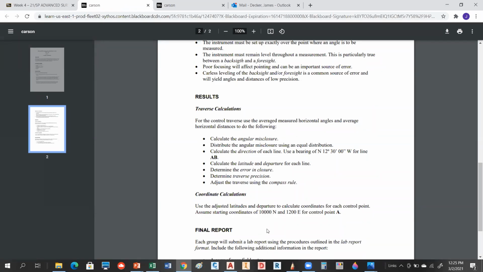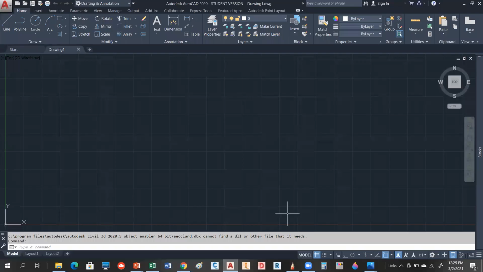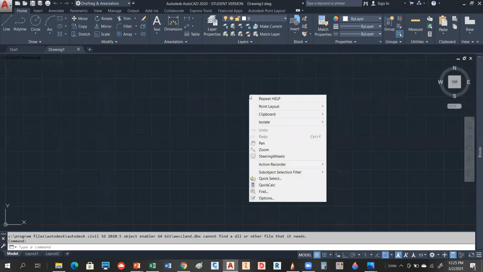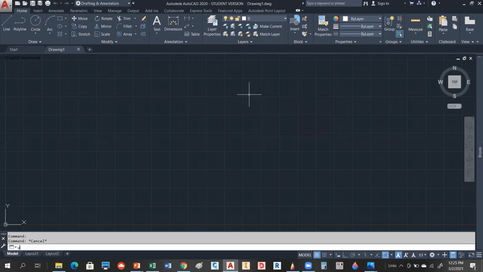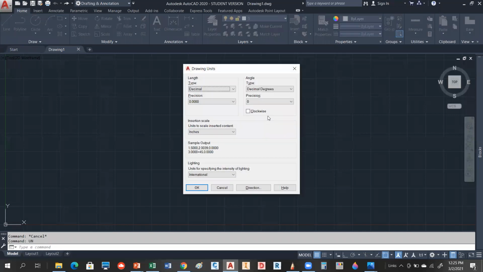Okay. So in AutoCAD, you're going to start at line A, and the first thing you need to do is go into units. So I'm going to go into the units command. I would use decimal units. If you want to use architecture, you can, but it's typically simpler for me to use decimal units and just ignore the foot mark.